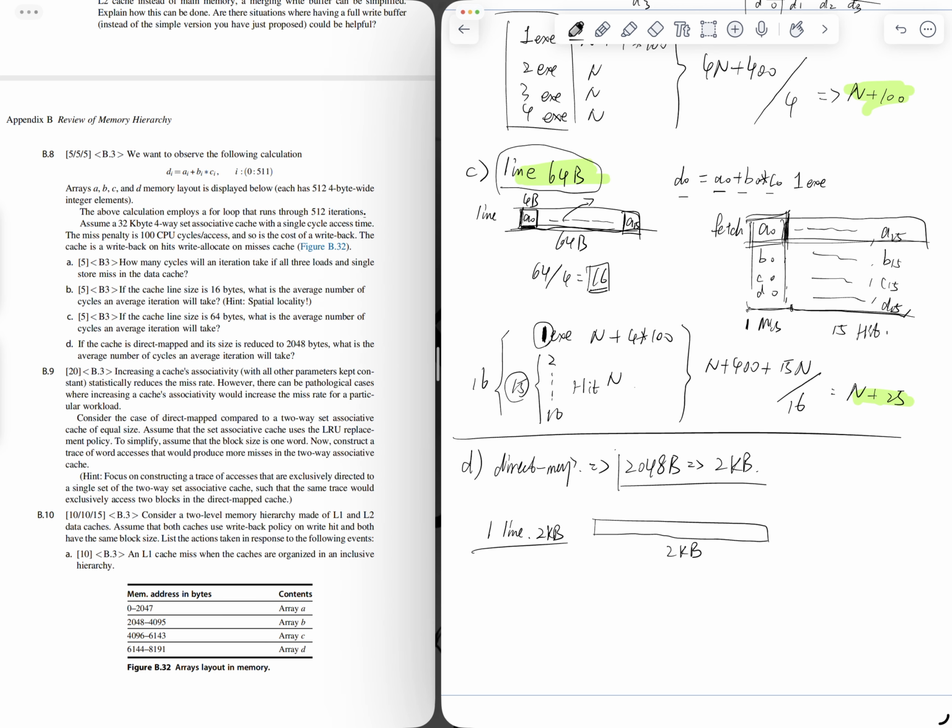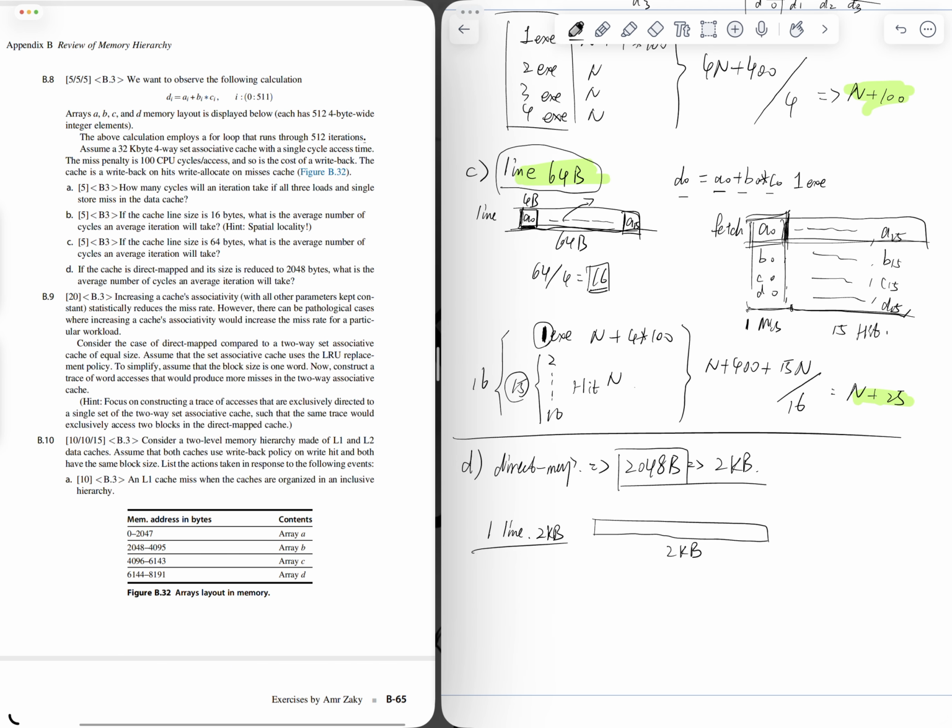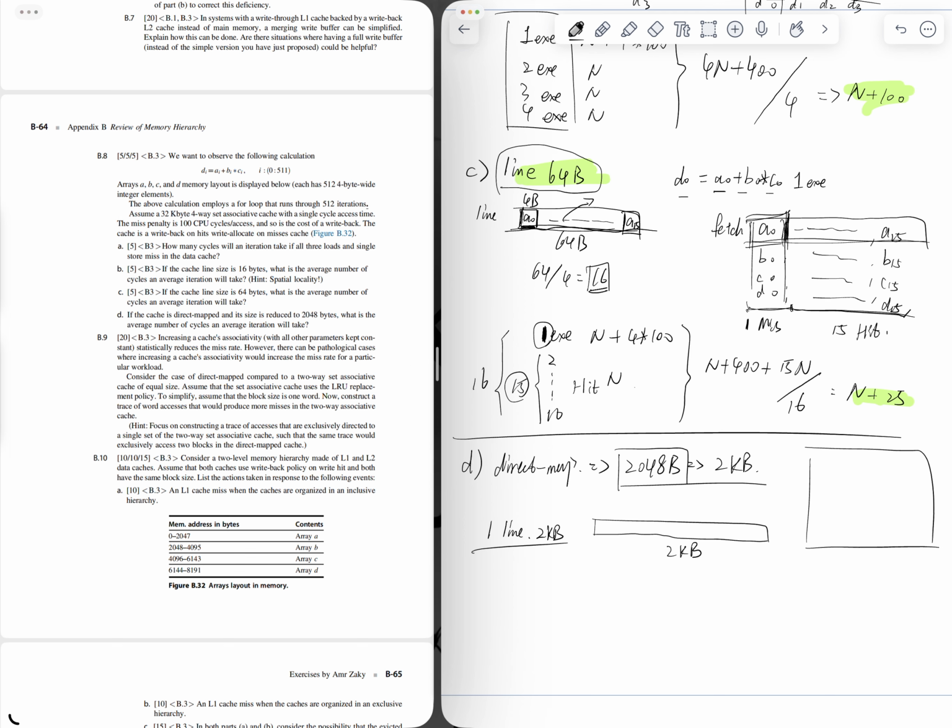And why is it 2048 bytes? If you remember, we have the table here. The table says A, B, C, D. A will go from 0 to 2047, so how many things inside is 2048?